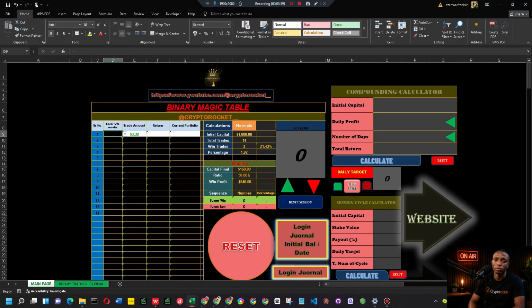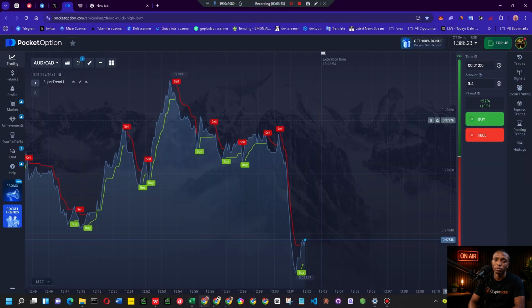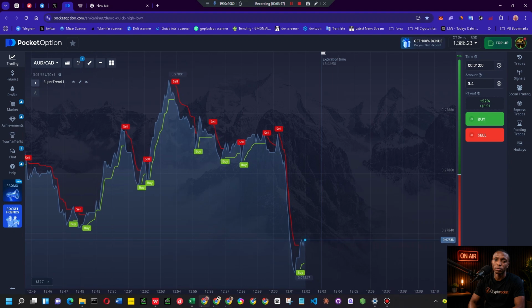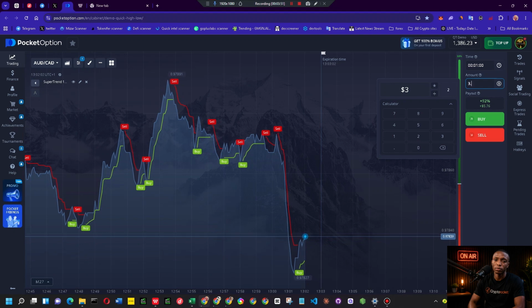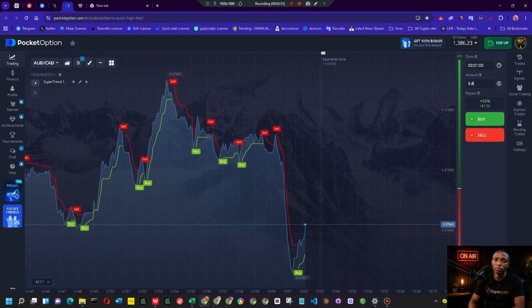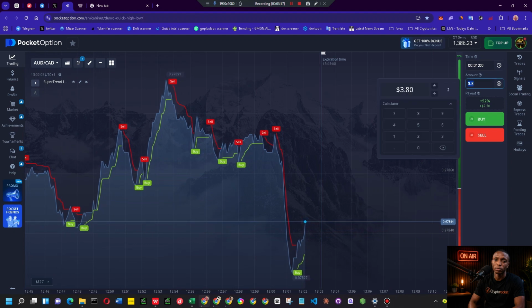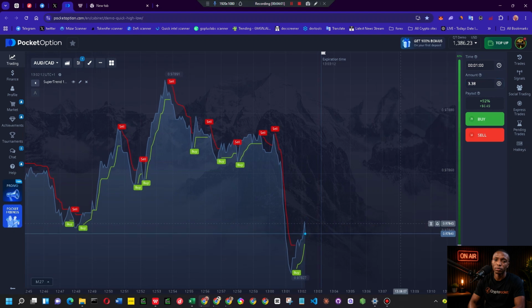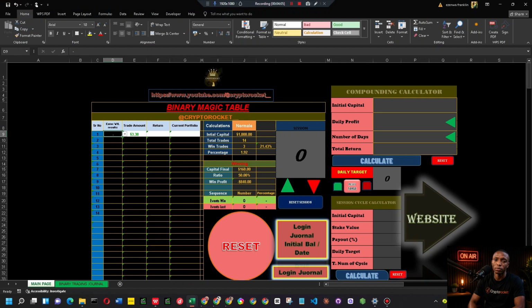That's the capital you are going to put on this stake amount. 3.38, that's what you put right there, as you can see.